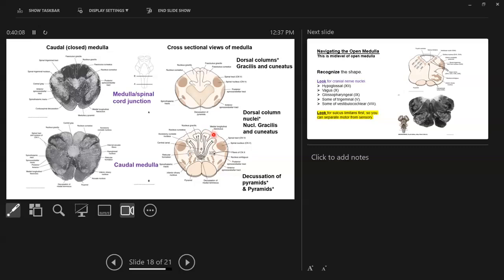So the tubercles contain the nuclei where the second order neurons live, and that is an important second type of decussation, now a sensory decussation.